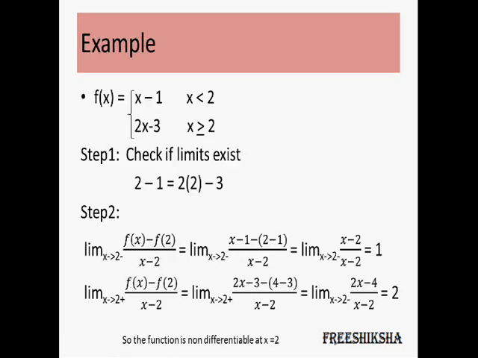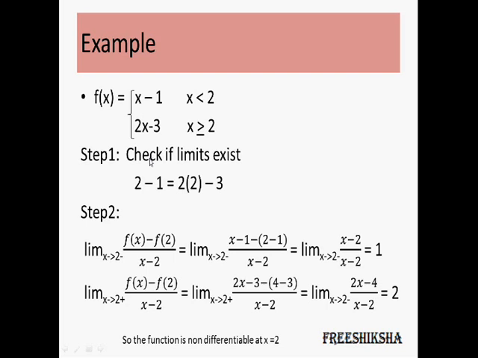So let's consider this particular example. It's a piecewise function which is x minus 1 for x less than 2 and 2x minus 3 for x greater than or equal to 2. So the first step is checking the limits or the continuity first. If this function is not continuous, then there is no point checking the differentiability because the first condition says the function has to be continuous first.